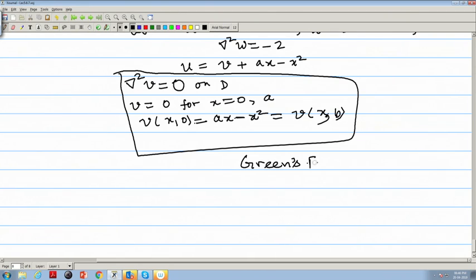So, this will be our next topic. In the Green's function technique, we reduce the BVP, the boundary value problem, to an integral equation. This is the objective of the Green's function technique.